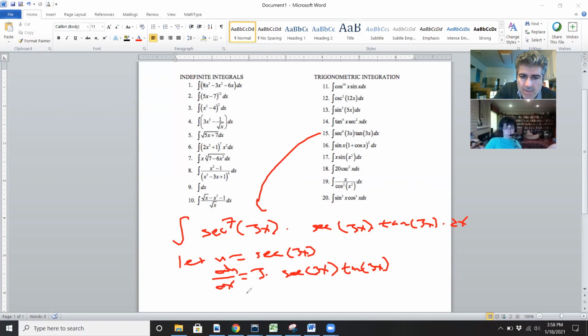And then we need to isolate dx, so dx goes off here: 3 secant 3x tan 3x. And then we bring it back into the mix here.